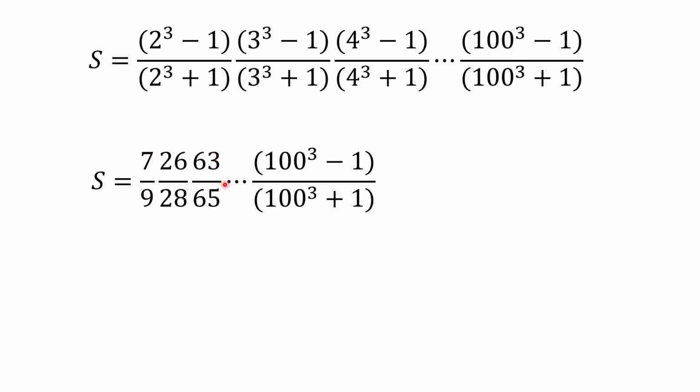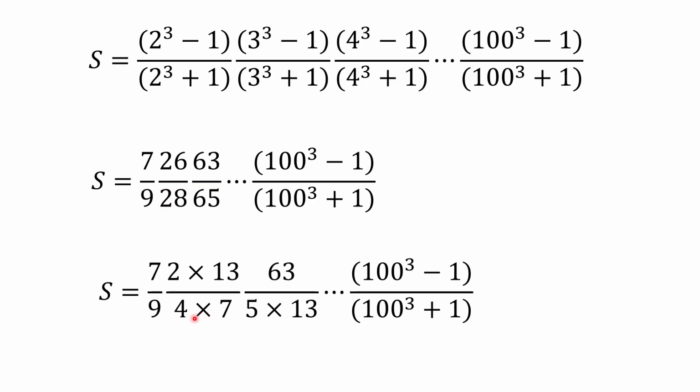After I did this, I noticed that this 7 can be simplified with 28. So basically 28 can be written as 4 times 7, so 7 can be simplified with that. And then I noticed that this 26 is 2 times 13, this one is 5 times 13, so 13 can be simplified. So I concluded that there must be a general expression so that we can simplify these terms with each other, and therefore we will be able to calculate S.